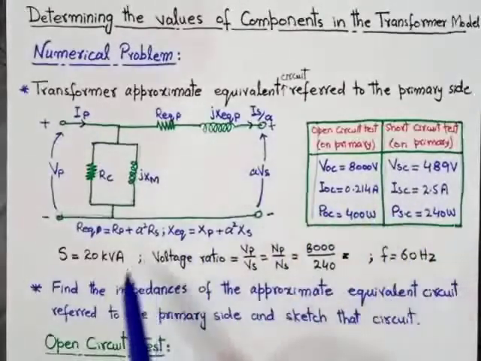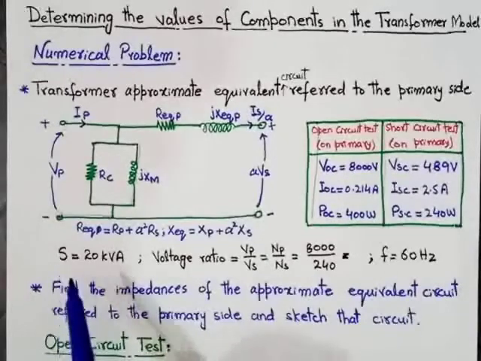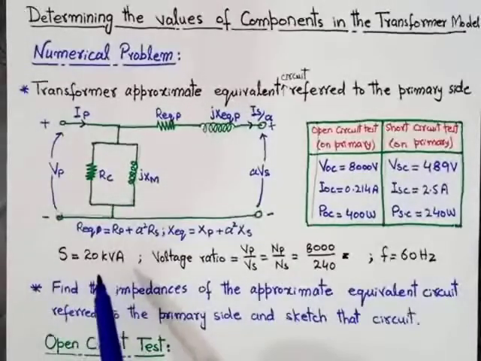Also given is the value of the apparent power, that is S is equal to 20 kVA. This is the rating of the transformer.